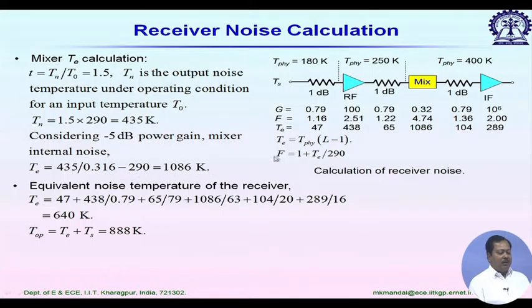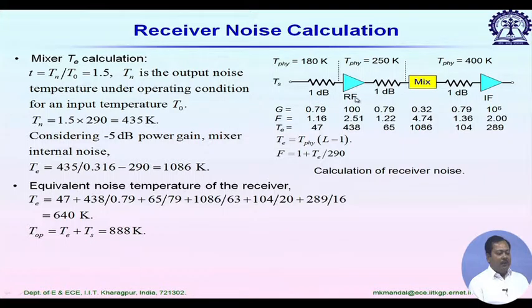So you see, I have calculated the gain of different components of this receiver chain. For example, the first component, which is giving 1 dB insertion loss, gain value is 0.79. What we did? Simply 10 to the power minus 0.1.